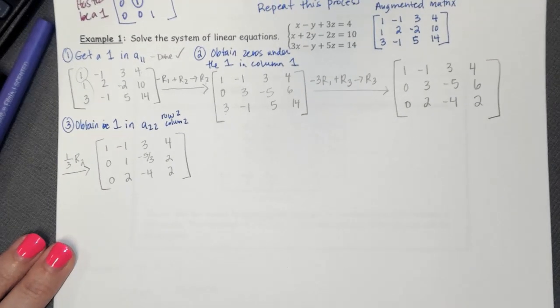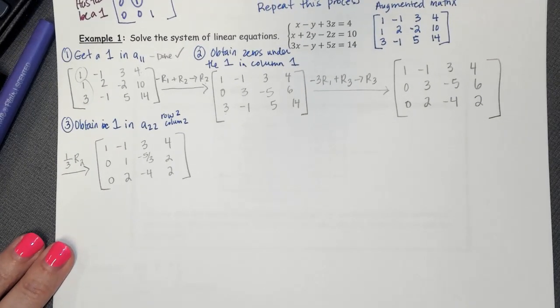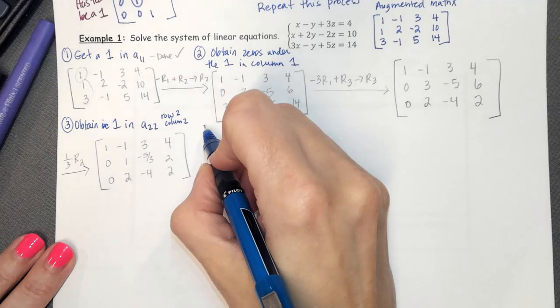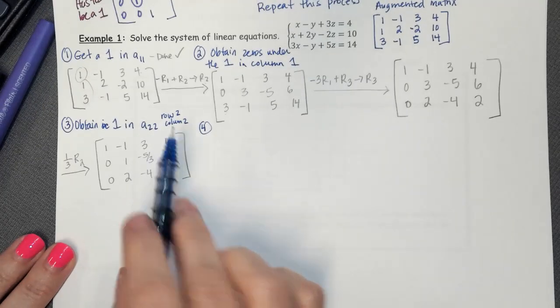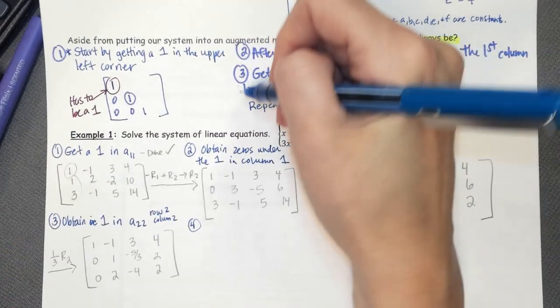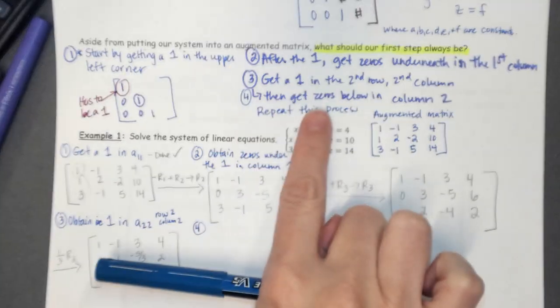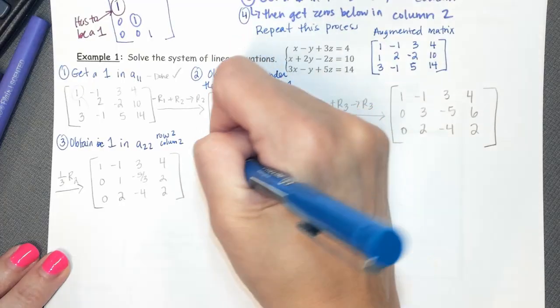And yes, you will be dealing with some fractions. This is a no calculator section, so we're going to practice that math. After you obtain the 1 in row 2, column 2, then technically this is step 4. We're going to get the zeros below.